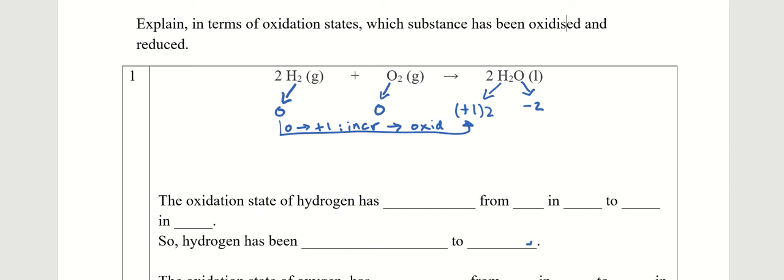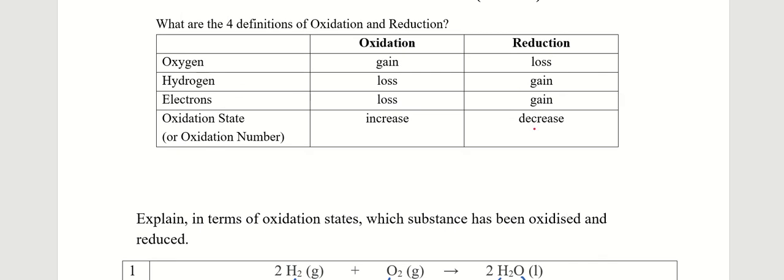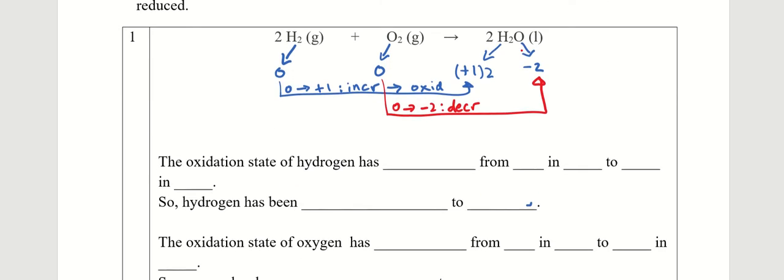Now if we were to change the pen color and take a look at what happens to oxygen, the oxidation state of oxygen has gone from 0 to -2. 0 changing to -2 is a decrease in the oxidation state. And if you can recall, when the oxidation state of a substance has decreased, the substance has been reduced.